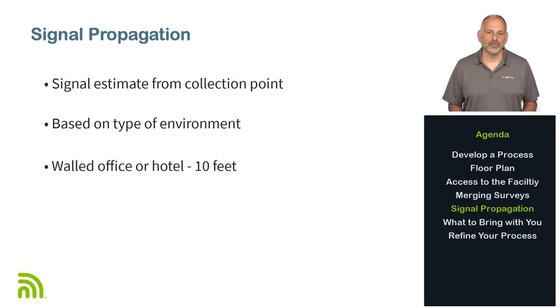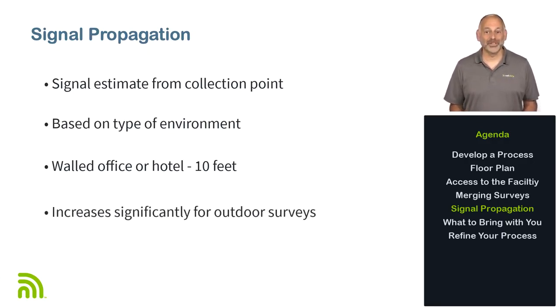This means that the signal is expected to be the same within 10 feet of where the measurement was taken. If the floor plan is complex, with many elements such as cubicles, inventory racks, file cabinets, hallways, enclosed offices and such, then you may need a smaller radius. For outdoor surveys in open areas, this distance may increase significantly, since there are few obstructions to attenuate the signal.